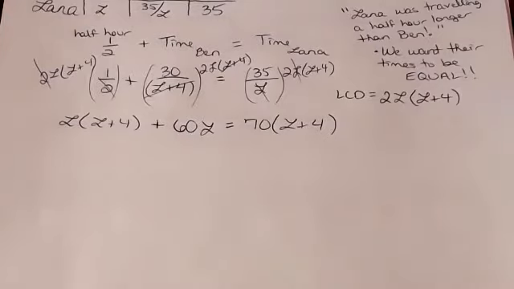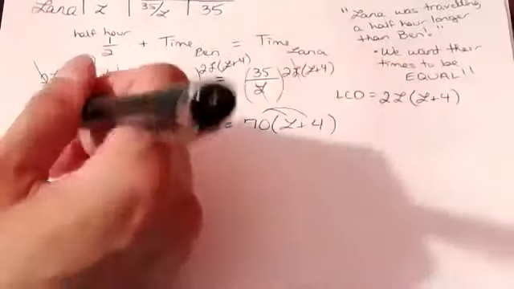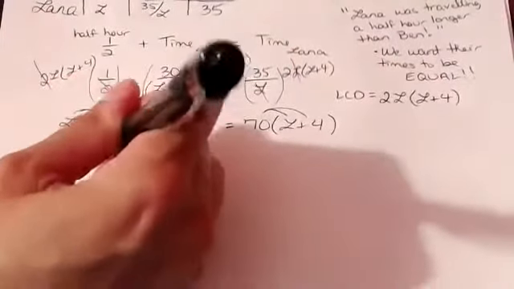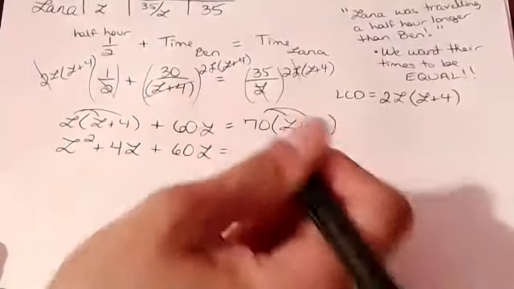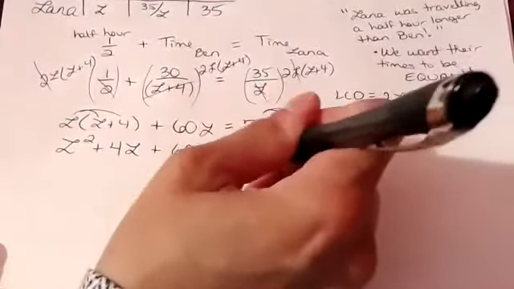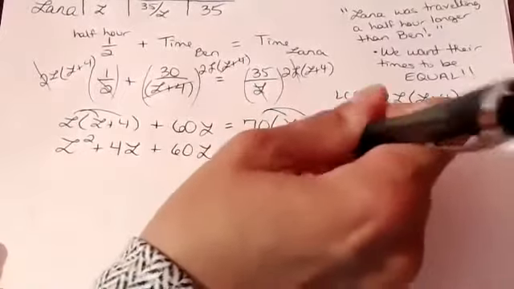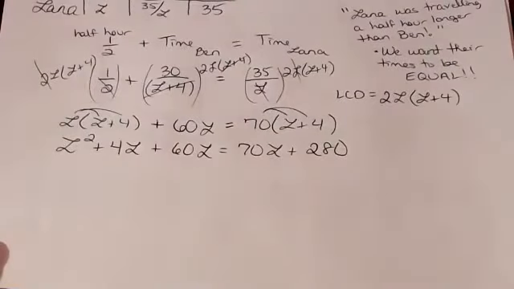Okay, so our next step is going to be what? Where do we go from here? Shout it out. Combine like terms. Multiply. So we're going to distribute first, and then we're definitely going to combine like terms. So L squared plus 4L plus 60L is equal to 70L plus 280. We're definitely going to combine like terms.